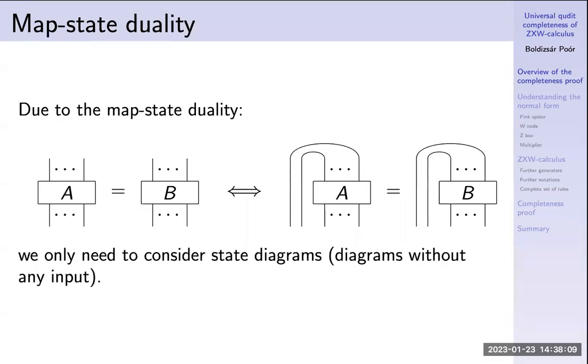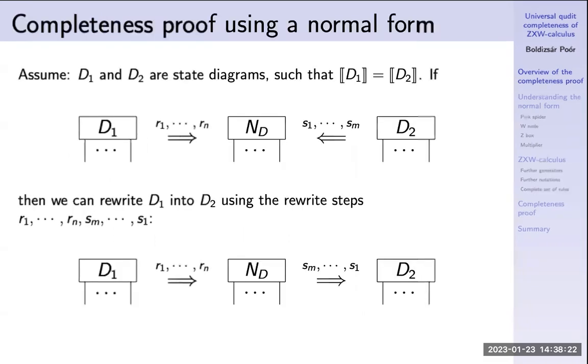First of all, by map-state duality, we only have to consider state diagrams, those diagrams that don't have any inputs. Then we have this normal form. If two diagrams have the same interpretation, then their normal forms should also be equal.